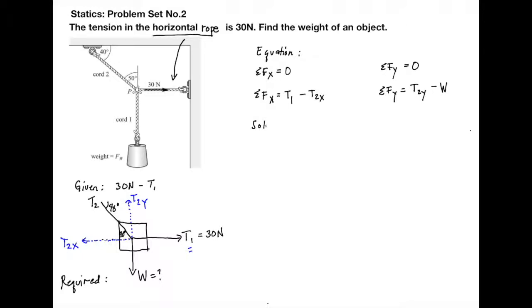So we go now to our solution. Since the summation of Fx is 0, we could represent as 0 the value of T1 minus T2x. The value of T1 is 30 Newton minus the value of the T2x, which is cosine of 40 degrees multiplied to T2.